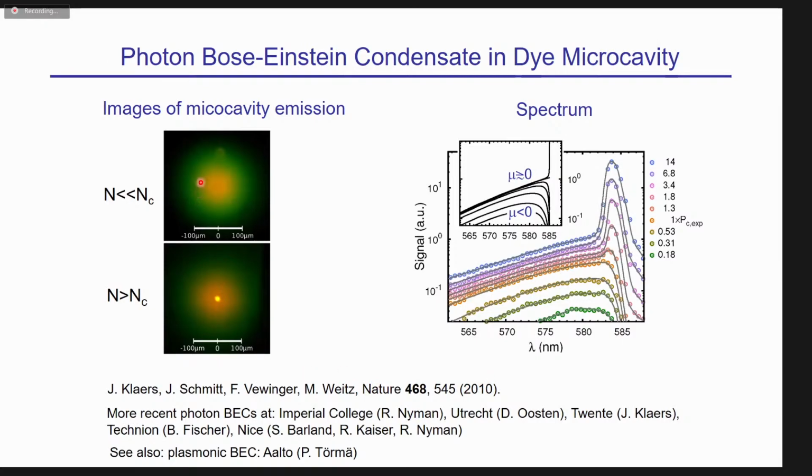So below the threshold to this BEC, we essentially see a thermal photon cloud. And if we put in more photons and we reach the condensed phase, we in addition see a peak at the center that we attribute to the BEC.